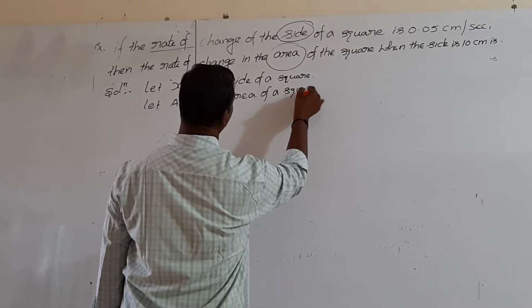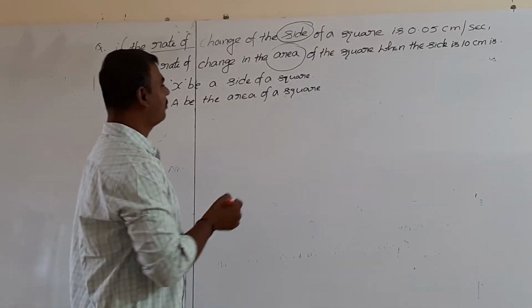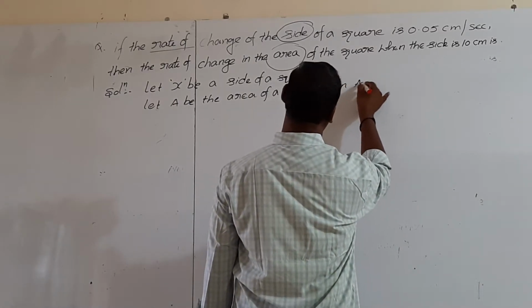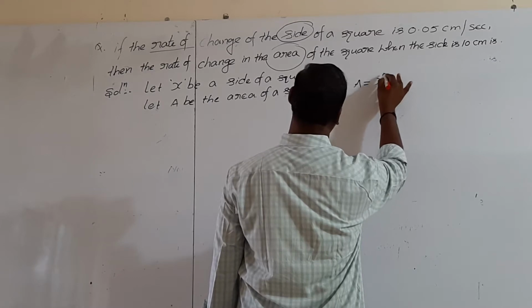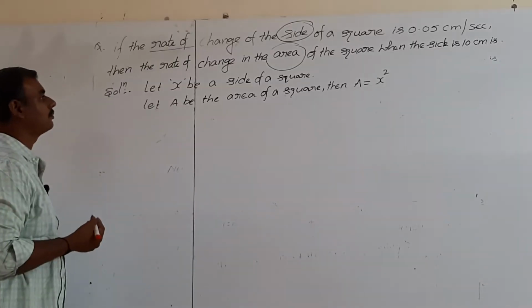We know the area of a square is length into breadth, that is x into x, x square.